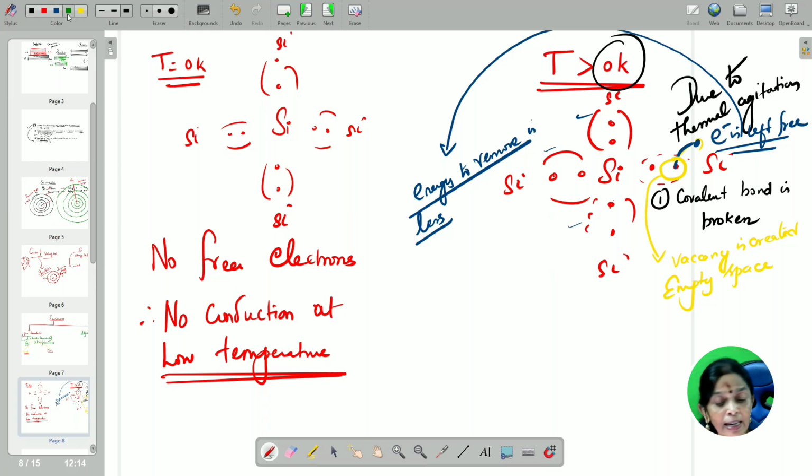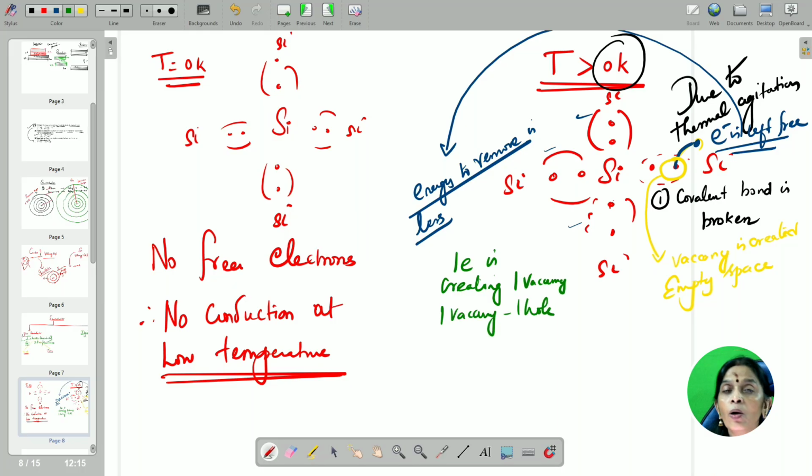The empty space created, what does it do? It pulls out an electron from the neighboring covalent bond, snatches it out. One electron is already left free, so this one electron is creating one vacancy. One vacancy is otherwise called one hole. One vacancy is nothing but one hole.